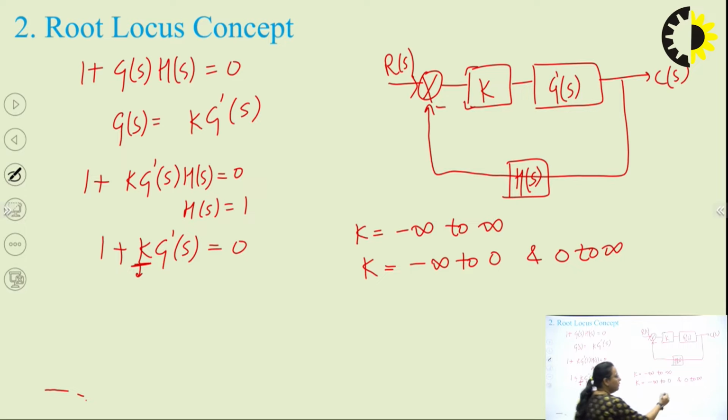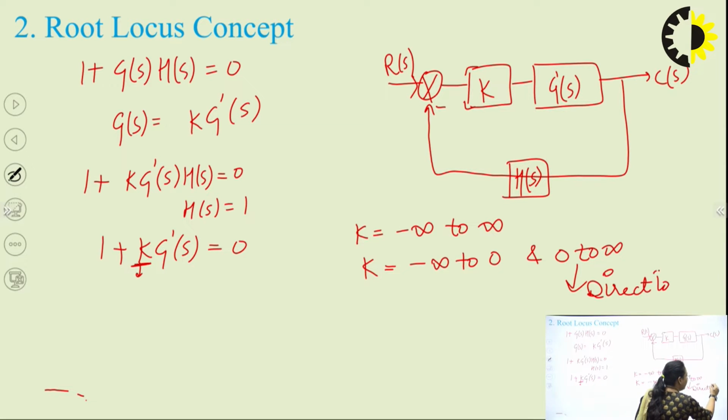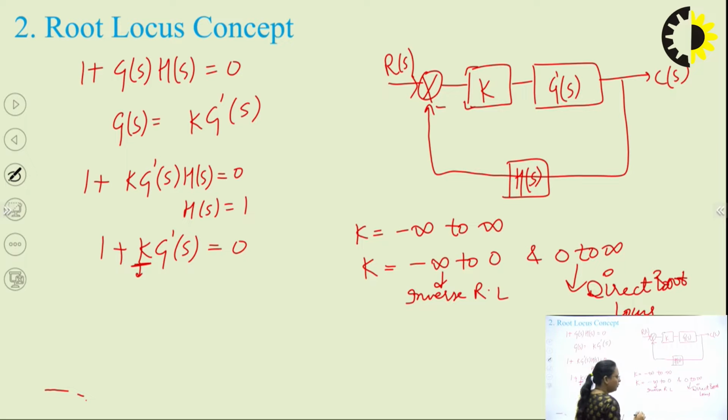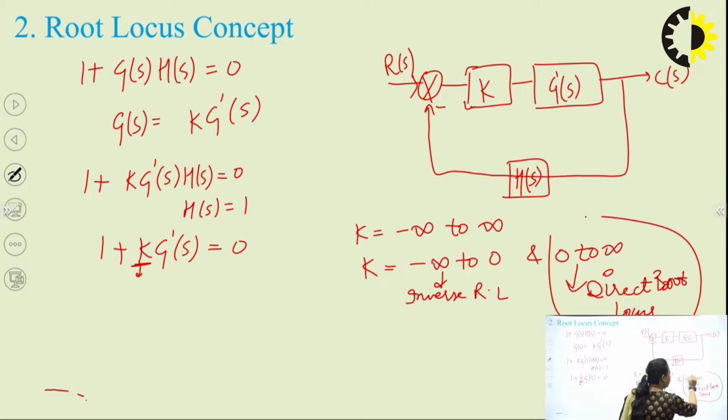When the parameter is varying from 0 to infinity, that is known as the direct root locus method. And if the gain k is varied from minus infinity to 0, then it is known as the inverse root locus method. So in general, for root locus we use the direct root locus.